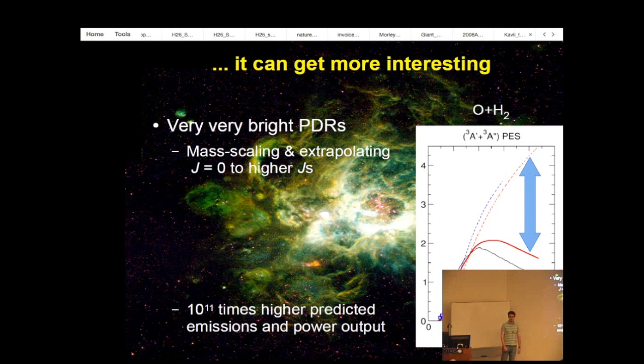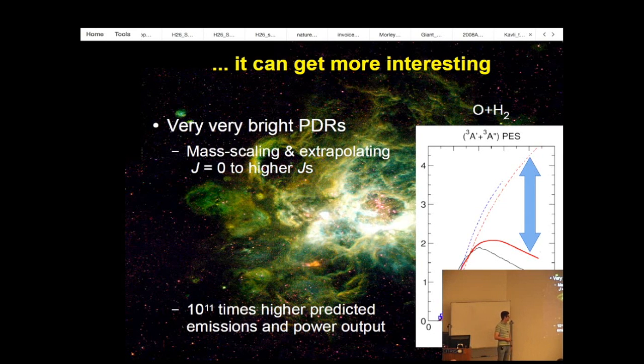A few years ago, I did a calculation where I was looking at the oxygen plus H2 reactive cross-section. So purely reaction at pretty high collision energies. So this would be in electron volts, between 10,000 and 50,000 roughly.